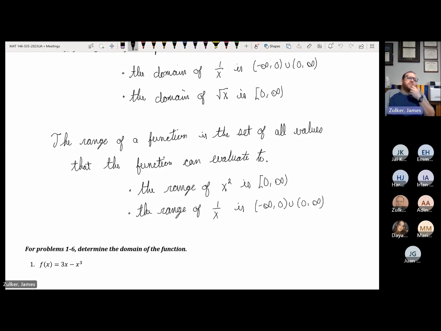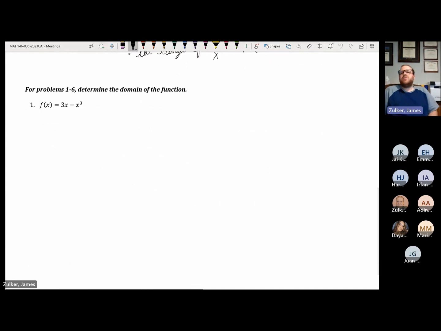Right, so for problems 1 through 6, we're going to determine the domain of the function. Again, remember, the domain is the set of values that you can input to the function. There are 2 rules to keep in mind. You can't divide by 0, and you can't take an even root of a negative number.